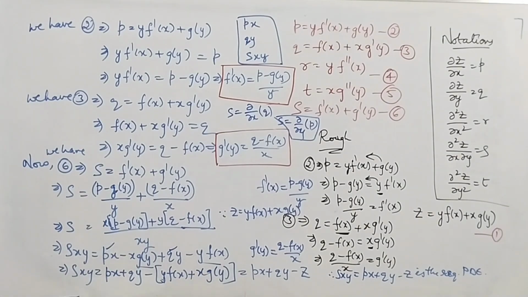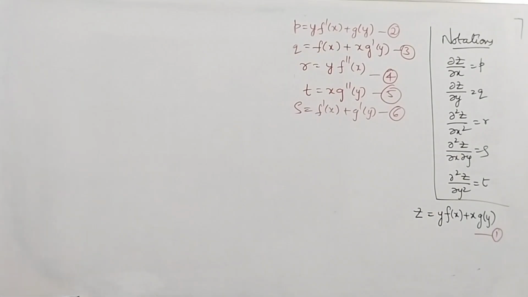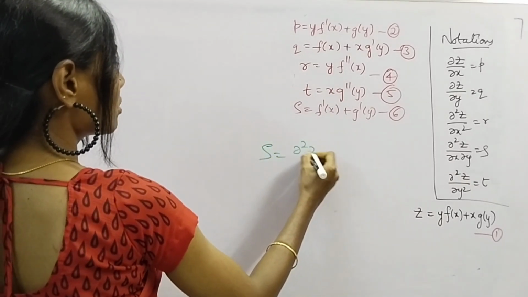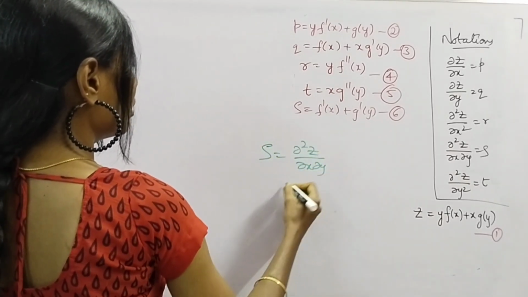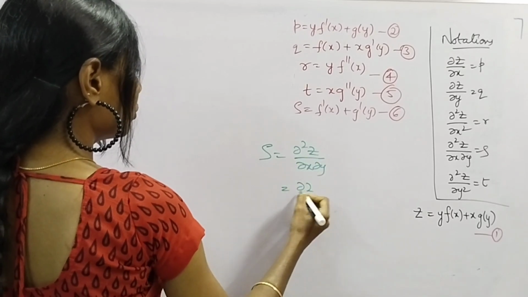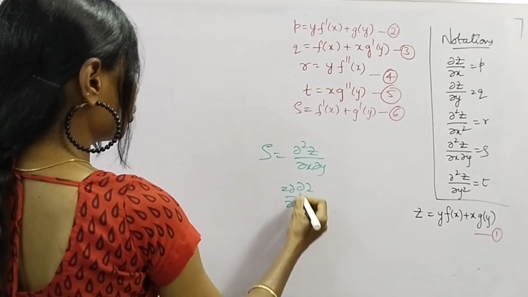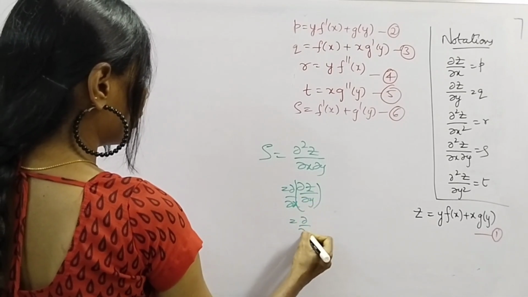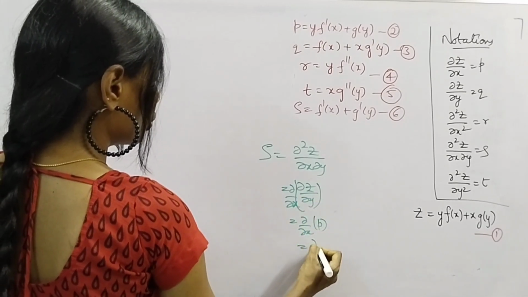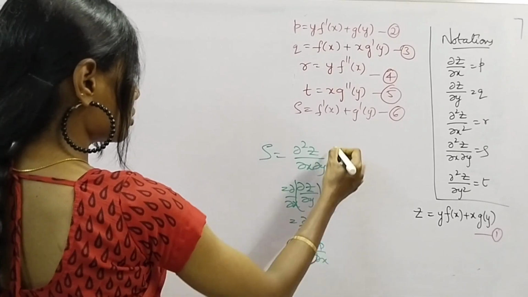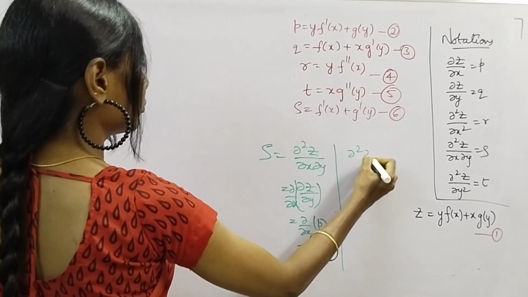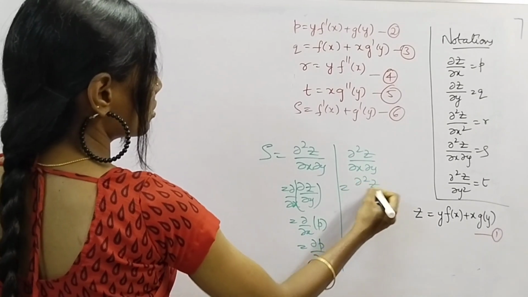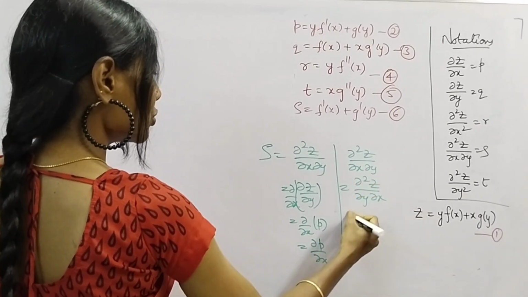What I said, s is nothing but dou square z by dou x dou y, which is nothing but the partial derivative of dou z by dou y, that is dou by dou x of q, or dou q by dou x gives s, or you can write this as dou square z by dou y dou x, which is multiplication.